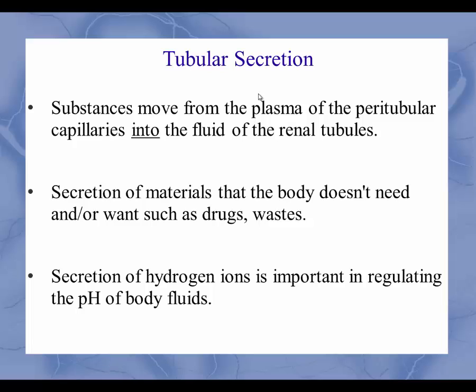For tubular secretion, it's from the blood capillaries into the renal tubules. What's going to be secreted is material that the body just doesn't need or just doesn't want. Excess waste, excess water, drugs, and so on. What's key here is the secretion of hydrogen ions. That will help regulate the pH of body fluids.